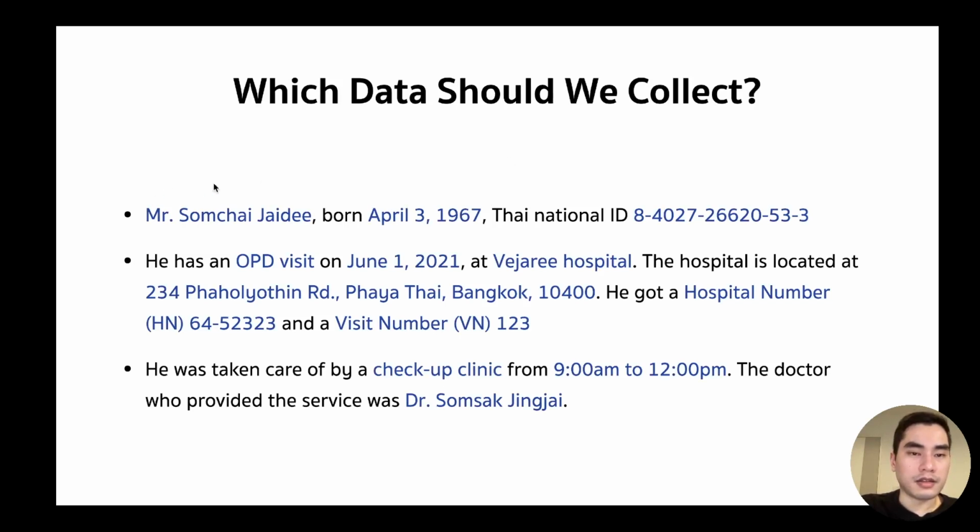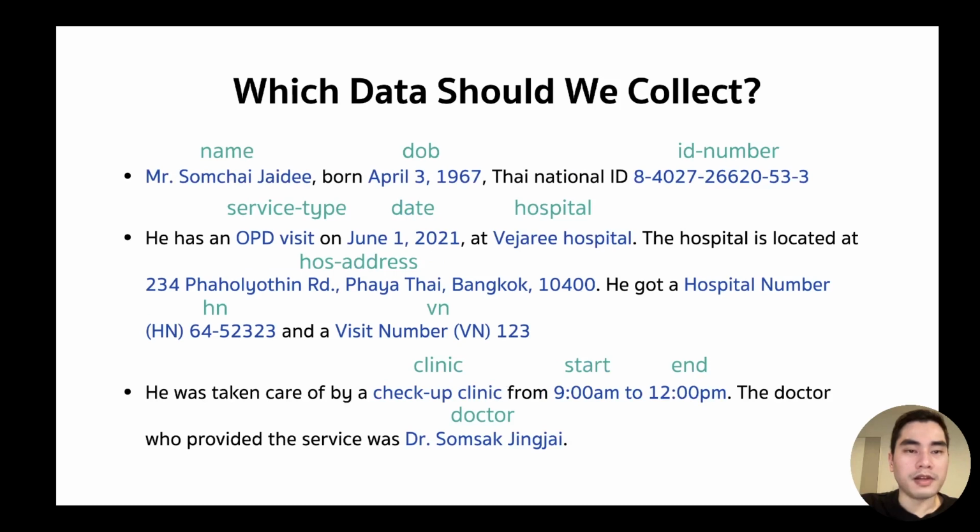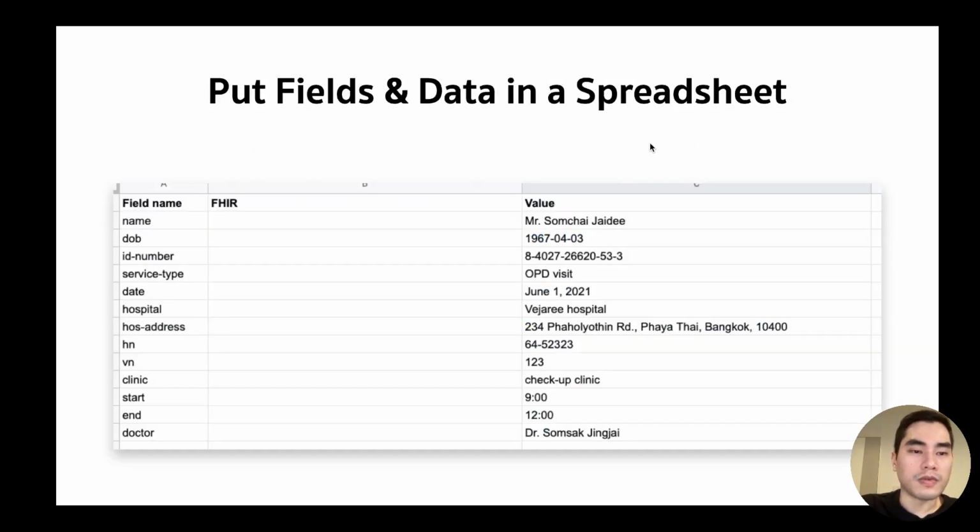This is the name, this is the date of birth, this is the ID, and maybe we give them field names like this one. Mr. Somchai is the name field, DOB field, ID number, and so on. So if we bring all of the fields into a spreadsheet, maybe we can get something like this.